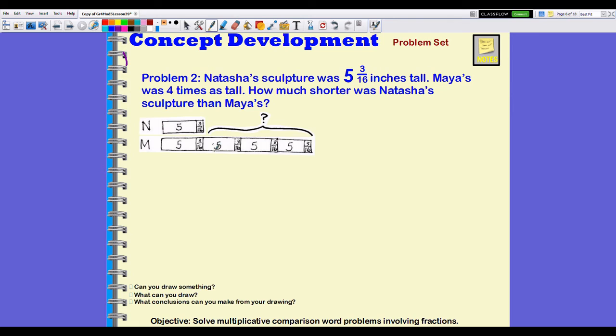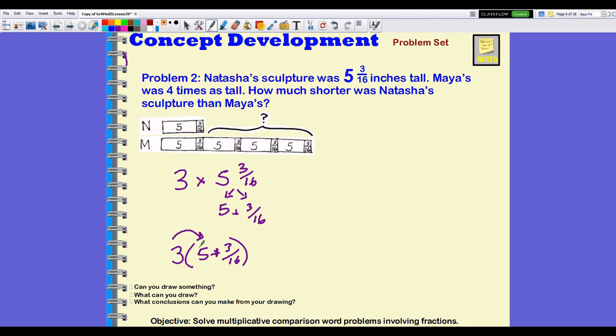So we can multiply. We see that this is 3 times bigger. So we're going to multiply 3 times 5 and 3/16. First thing we do, decompose. We have the 5 plus the 3/16. Now we're going to multiply everything by 3. We're going to distribute that 3 throughout.